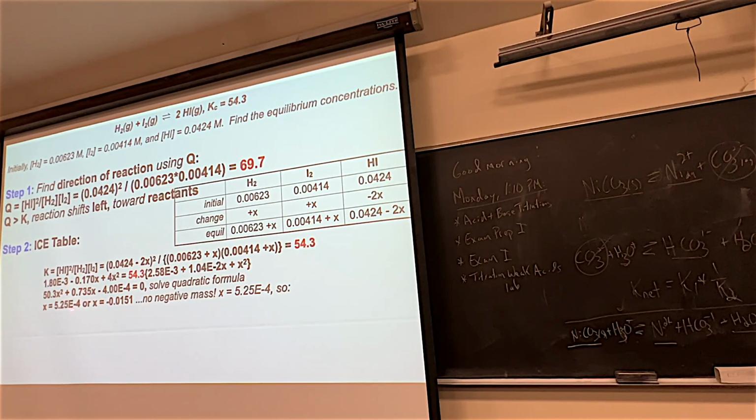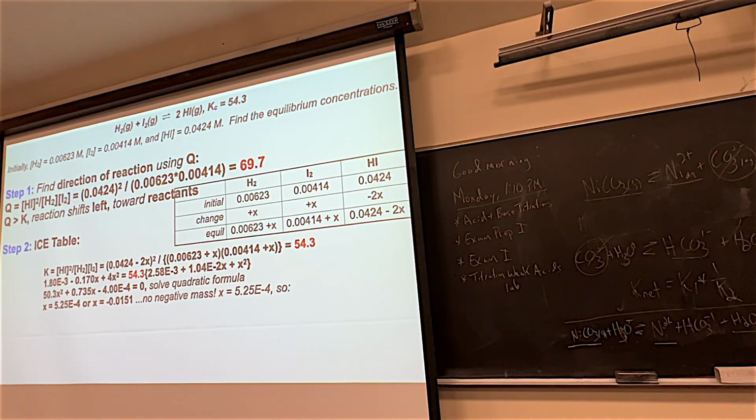So anyway, there's a positive number and a negative number. Negative numbers are never allowed. So this positive number is what we want for X when we plug it back up here. And just as a quick reminder, if you have a quadratic with a positive and a negative root, you always want the positive, because negative mass, grams, or moles per liter doesn't fly in chemistry.